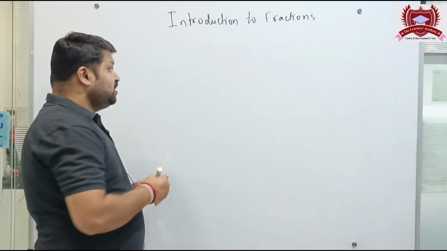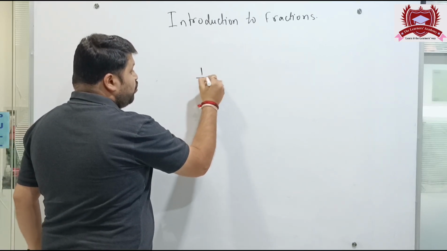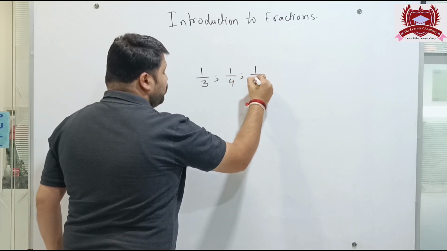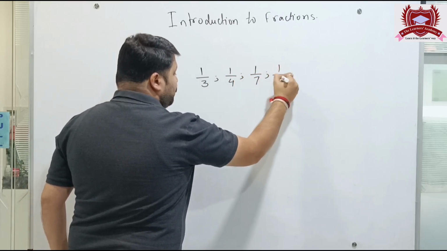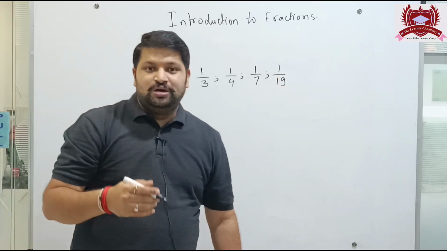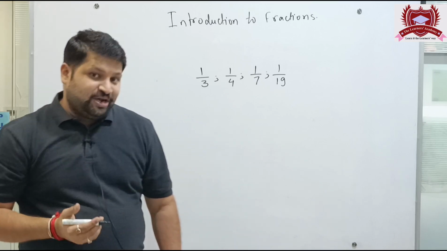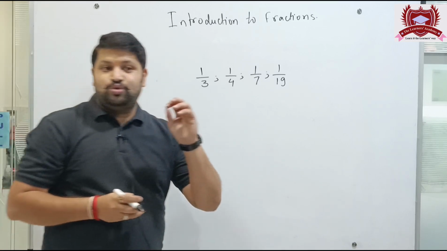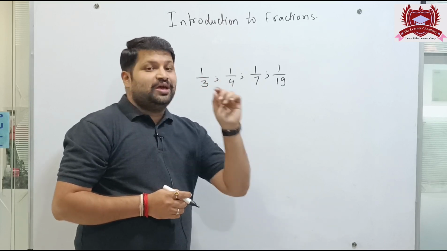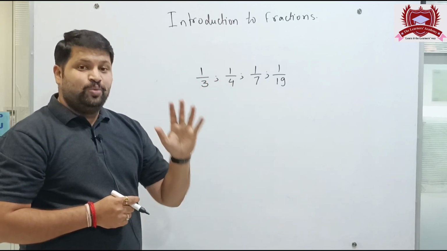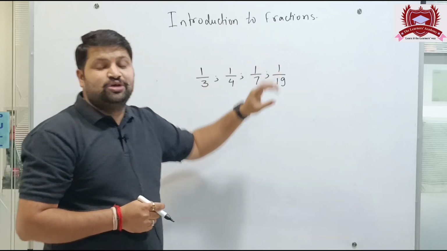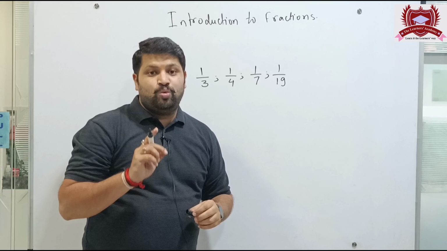So any fraction that is written as 1/3, 1/4, 1/7, 1/19 can be considered as a unit fraction. So whenever someone asks you what a unit fraction is, the first thing that should strike you is the word unit, which means 1. So in a unit fraction, the numerators are always going to be 1.